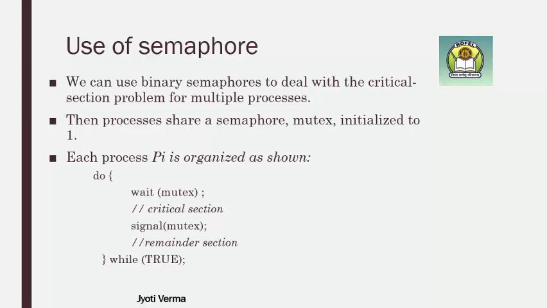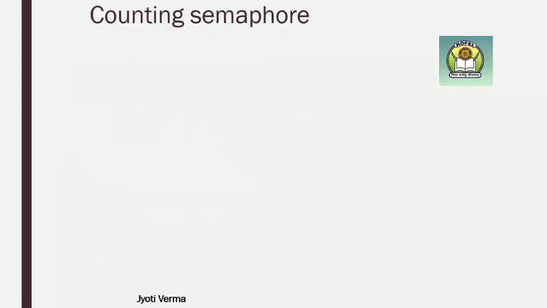A process is entering the critical section. It will acquire which operation? Wait operation. On which variable? Mutex variable, and it will enter the critical section. After leaving or executing in the critical section, it will fire the signal operation and then enter the remainder section.